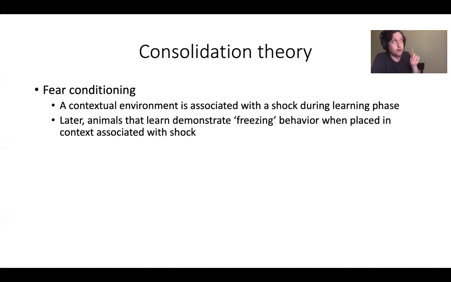If it remembers that when it was in this environment previously something bad happened, the rat's tendency is to freeze. The reason the rats do that, presumably, is because usually when they feel comfortable, they'll explore a little bit. They'll kind of get a feel for the place. But if they've had a bad experience, they're going to be less likely to engage in exploratory behavior because exploratory behavior feels risky to them. So if they remember this is a bad place, the thing that they're likely to do is freeze.